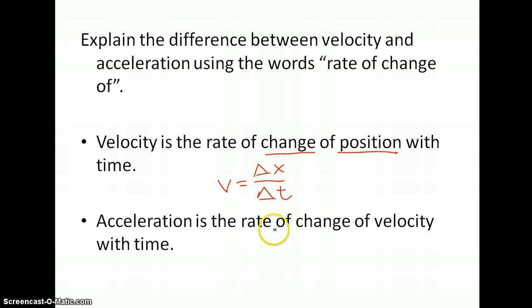Whereas with acceleration, we're looking at the rate of change of velocity with respect to time. So for acceleration, we see the change in velocity over change in time. All right, we've gone through those. That's on your formula cards. That's just some quick review.